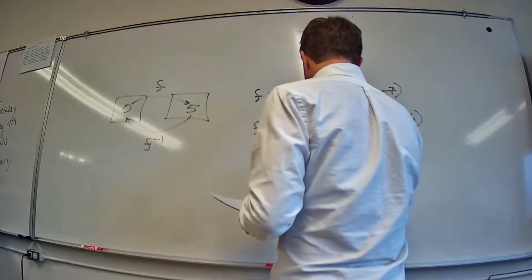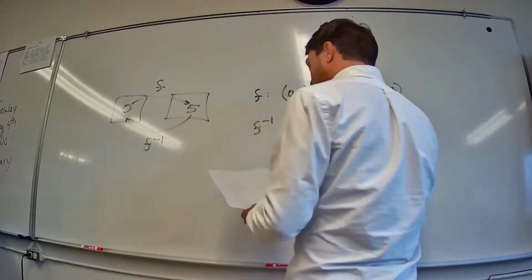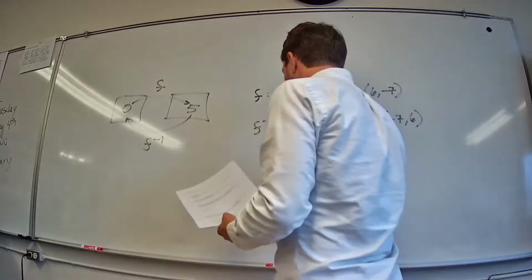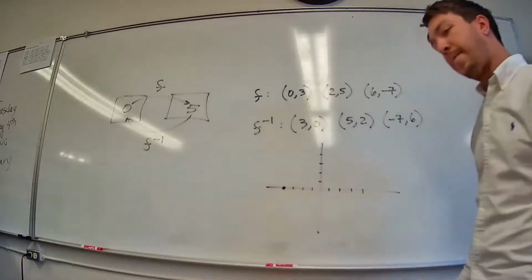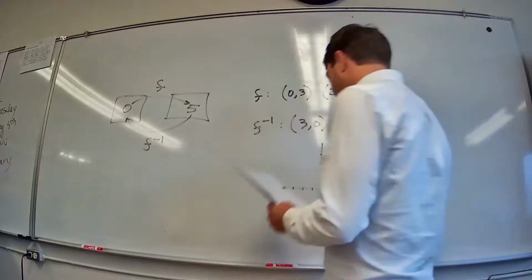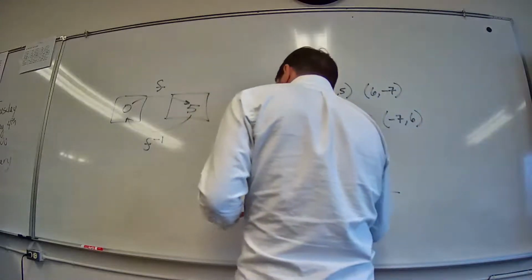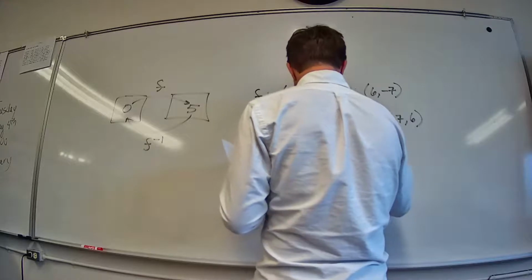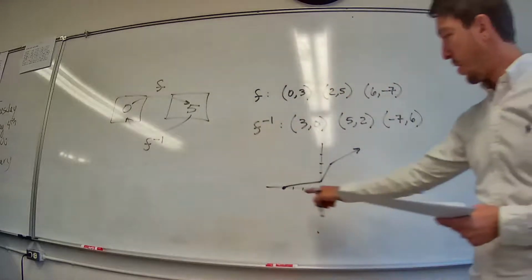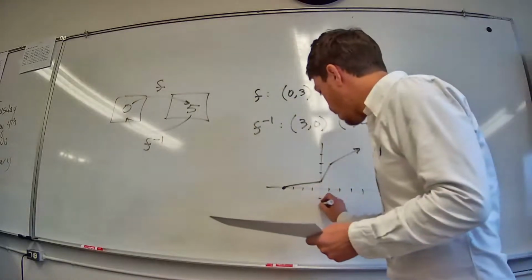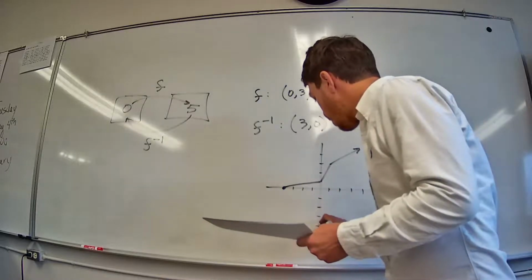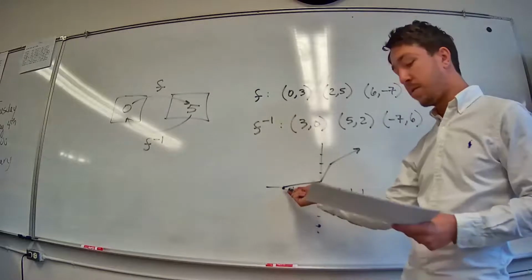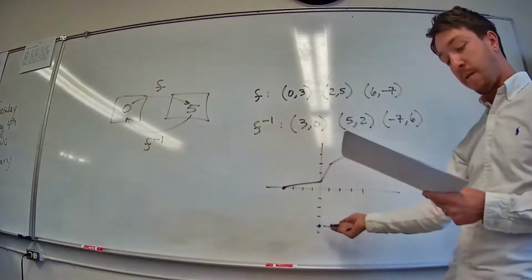So for example, that little end cap there at negative 4, 0, where's the point going to be on the inverse function? 0, negative 4. So this point now lives here. I'm just swapping the x and y. So negative 4, 0 becomes 0, negative 4.